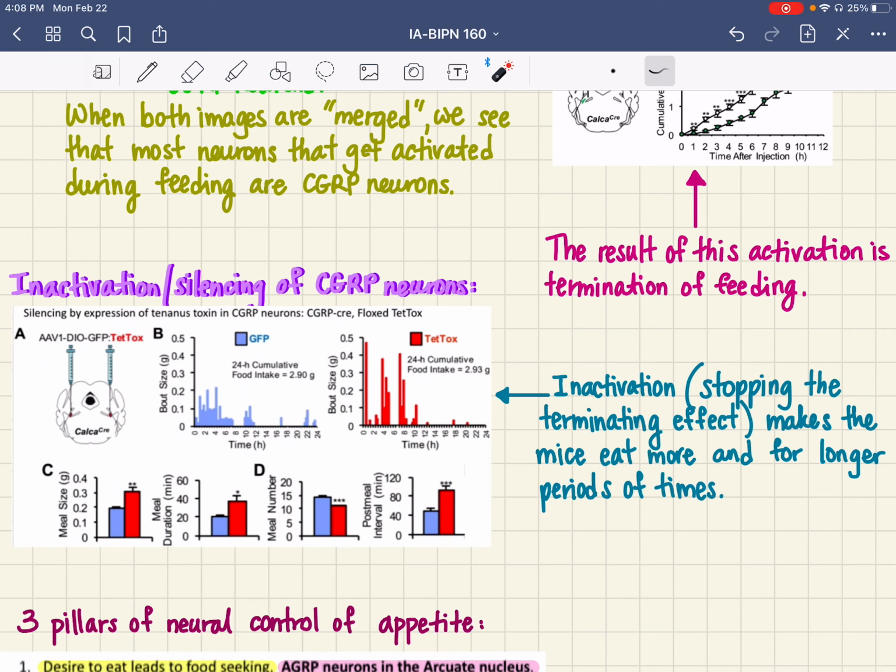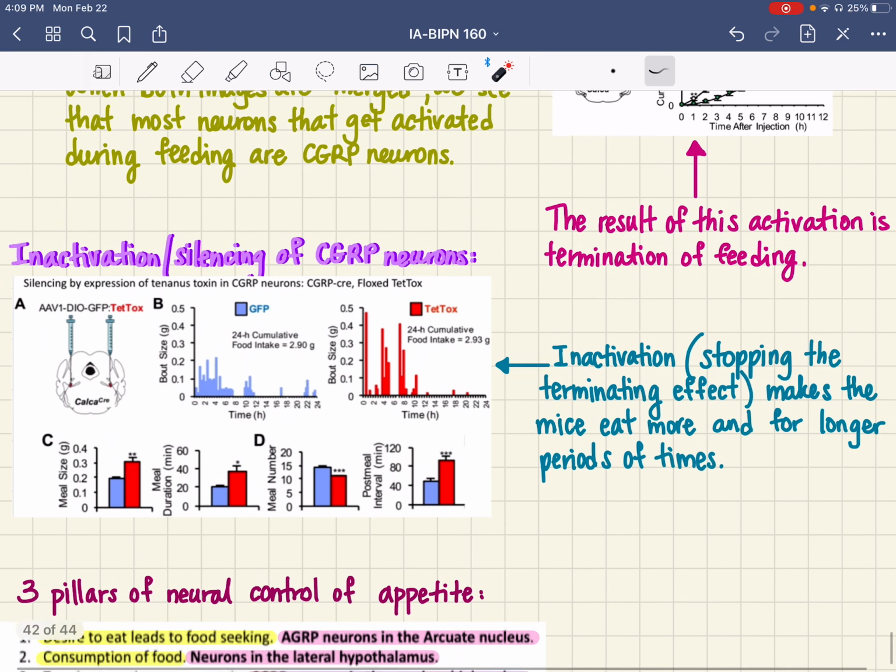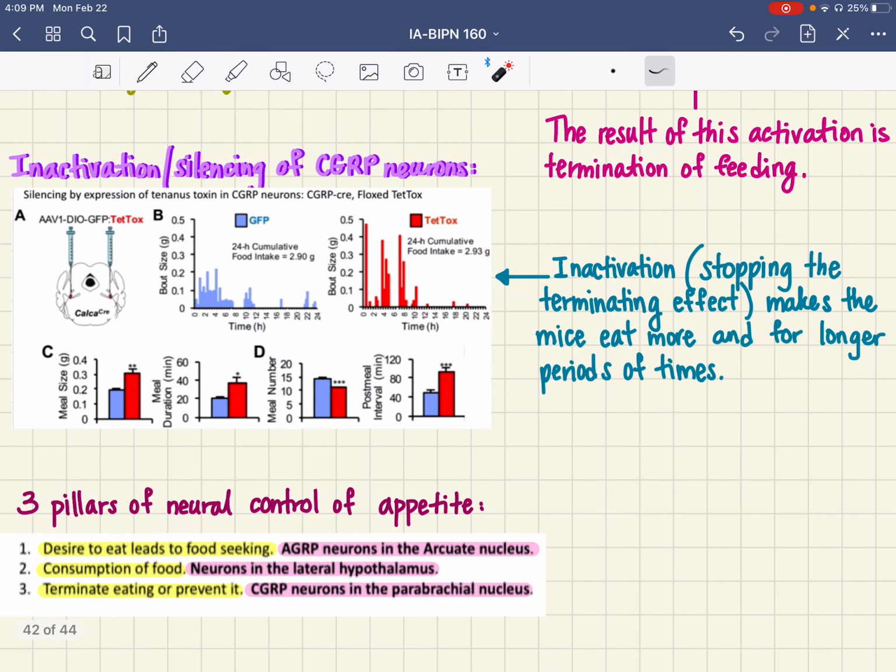They used the expression of either tetanus toxin, or they used Cre to, I'm guessing, just excise the CGRP gene from the genome. Okay, or they just use any other, you can, in an exam, you can use any type of silencing or inactivating technique, and that should be sufficient.